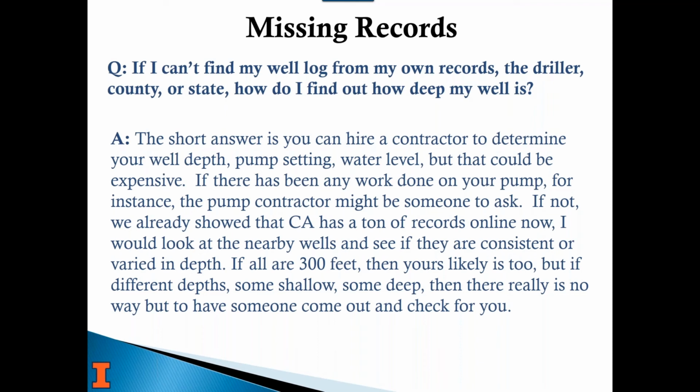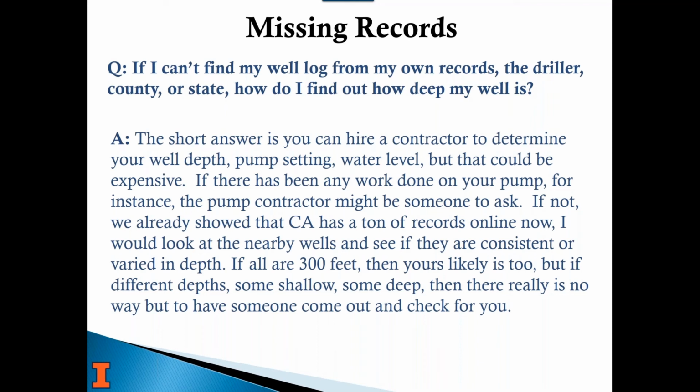So if you bring them in, and this was a question about California, and I already showed you they have all their records online now. But if you look at those records in your area and your well's not there, but all your neighbors' wells are there, and they're all 300 feet, then it's very likely that yours is too, because that's the aquifer that people are using in that area. Sometimes you have options.